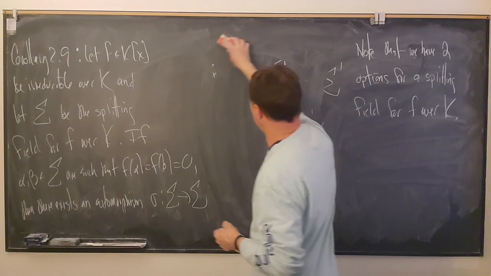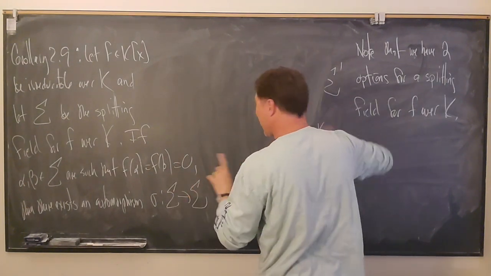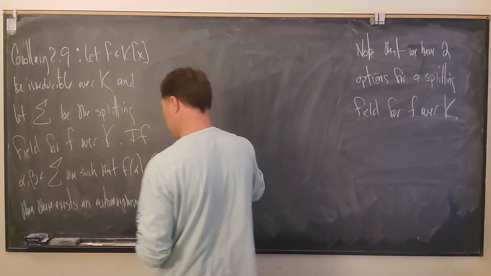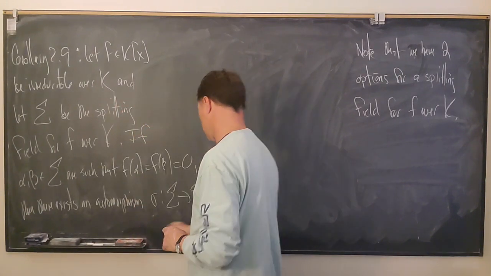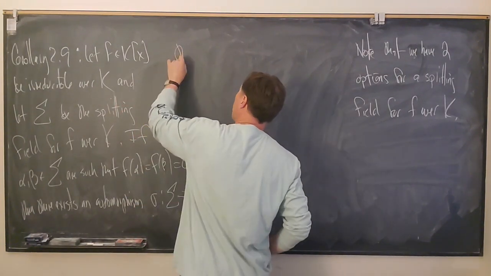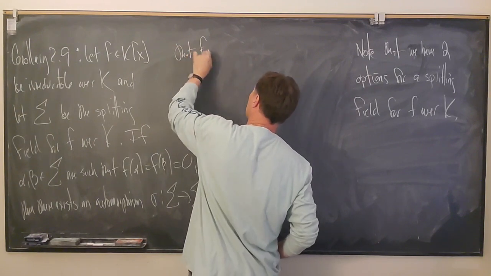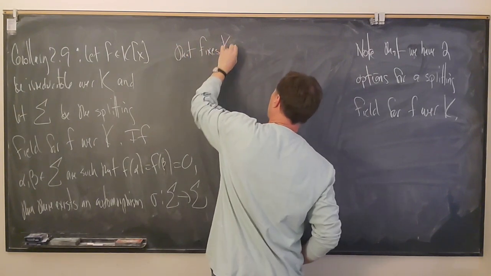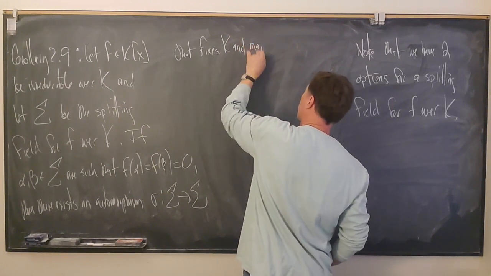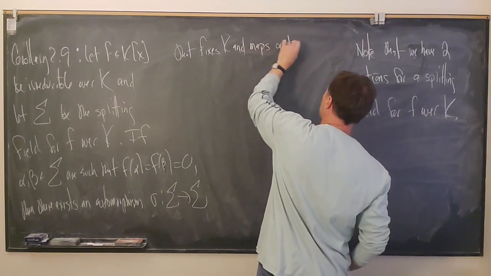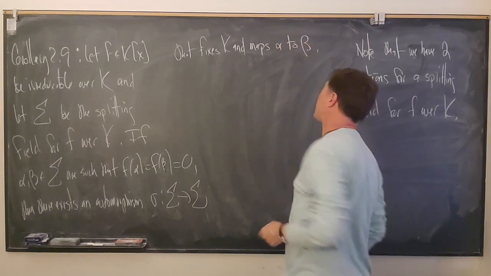Well, it fixes k and takes alpha to beta. So this automorphism fixes k and maps alpha to beta. In other words, sigma of alpha equals beta.